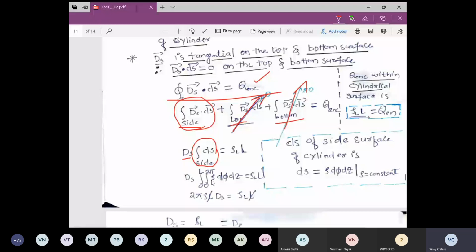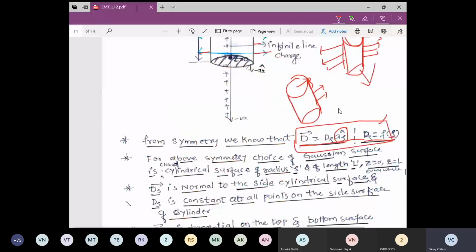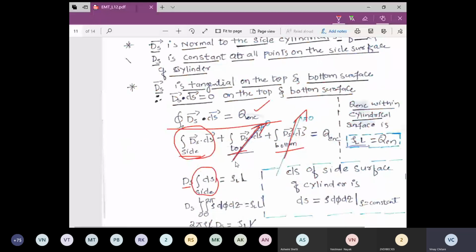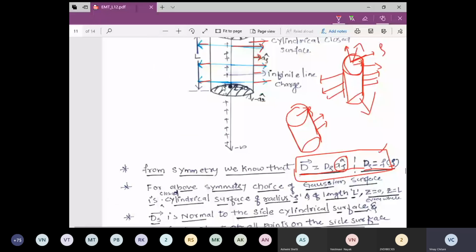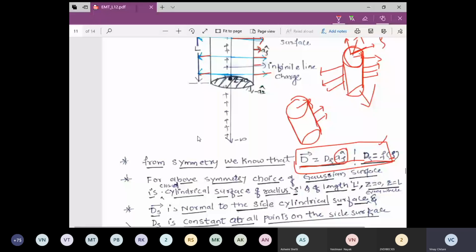You can try to remember the surface area of a cylinder, or you can really perform the integration. We know that dS of this side cylinder surface is given by rho dphi dz. You can perform this integration because I have taken the cylinder of length L. So z varies from 0 to L and phi varies from 0 to 2 pi.